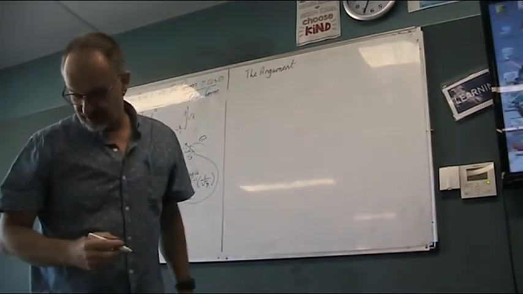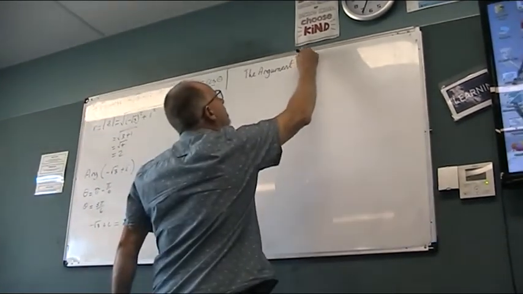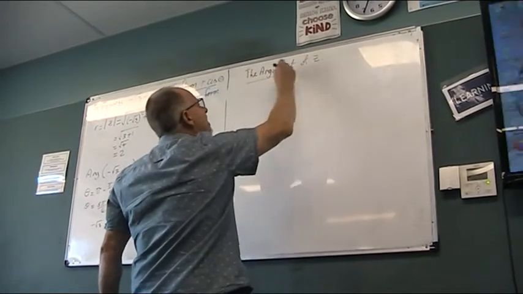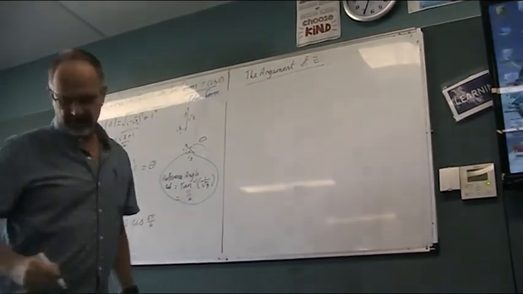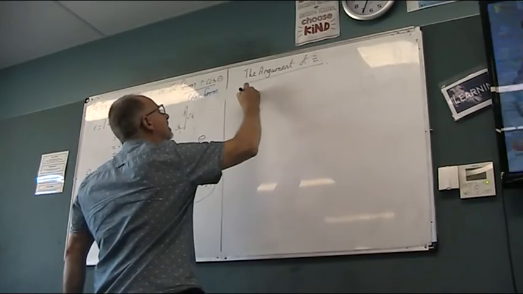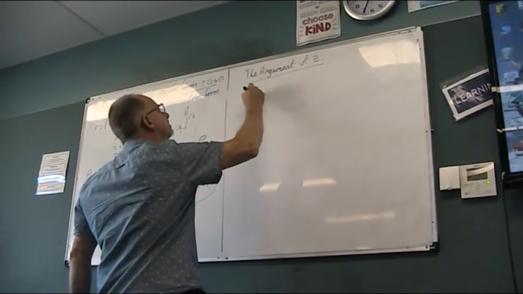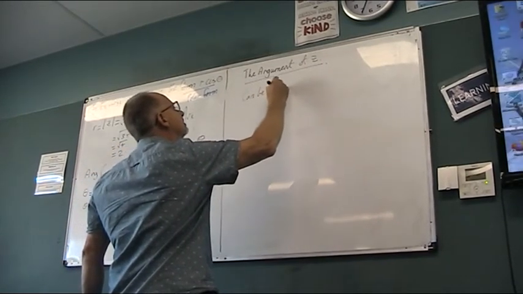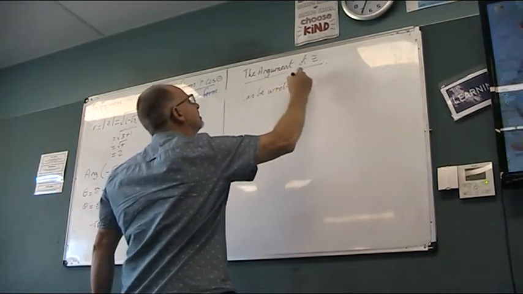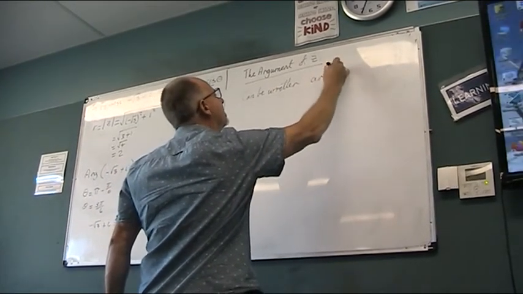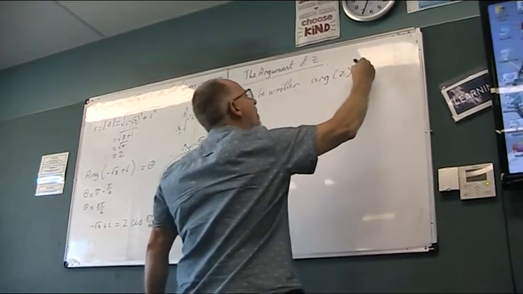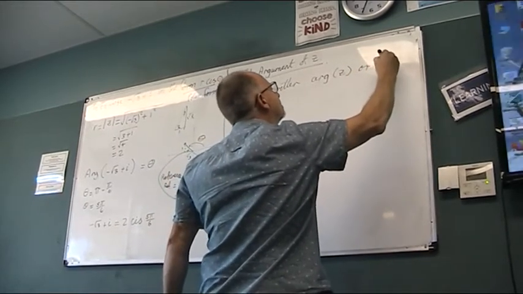Oh no, I have. There you go. So the argument of Z, arg Z, can be written arg Z or capital Arg Z.